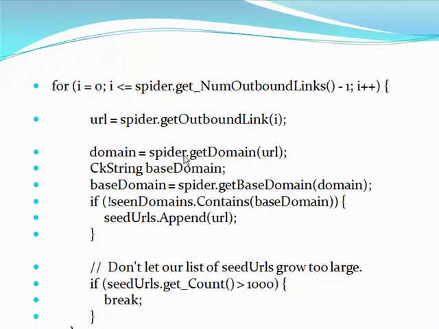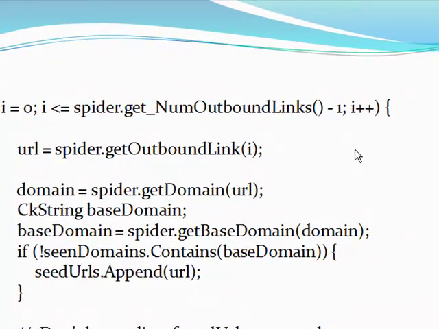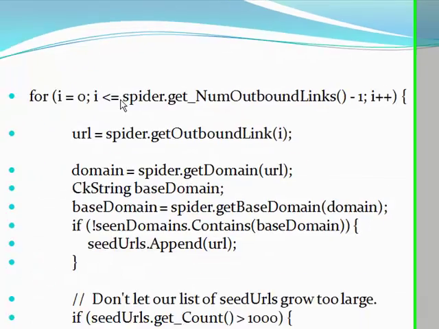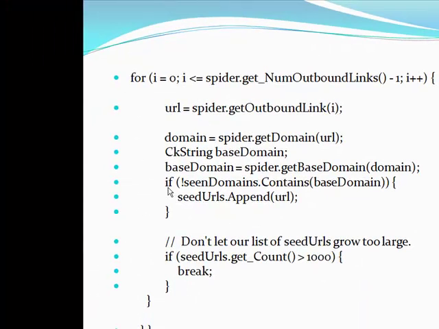The url is spider.GetOutboundLink with parameter i. It returns the nth URL in the already spidered URL list. Indexing begins at 0. Returns null on failure. Now this is the for condition.